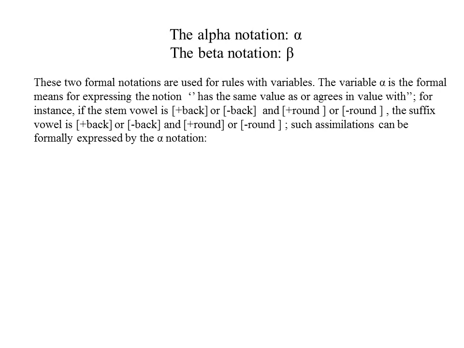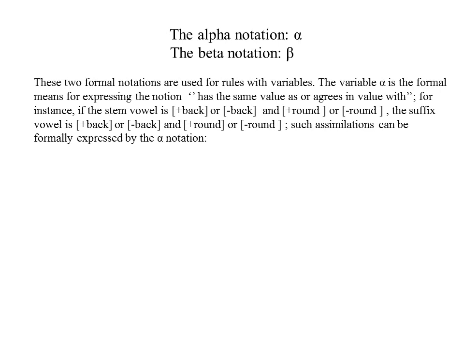If we state alpha back and alpha round, we mean either minus back and minus round, or plus back and plus round. For instance, if the stem vowel is plus back or minus back and plus round or minus round respectively, the suffix vowel is plus back or minus back and plus round or minus round respectively.